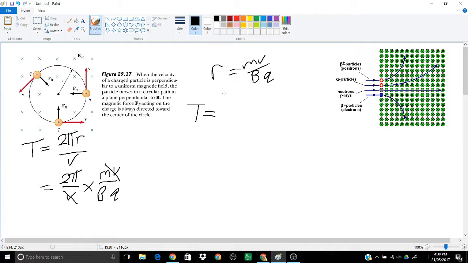There's actually quite a few that you'll derive in this part. I'll only go through some of them here now. All right, T equals 2 pi m on BQ. Just tidy that up a bit.